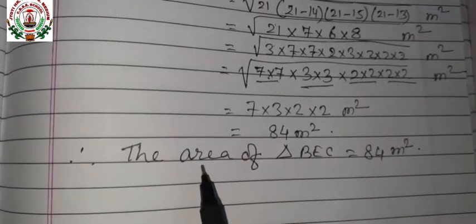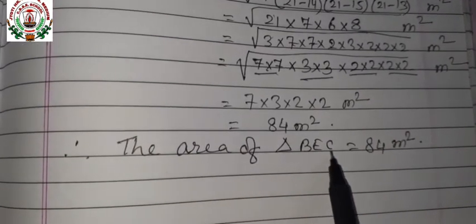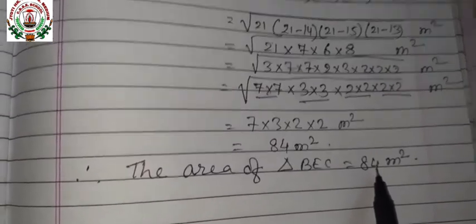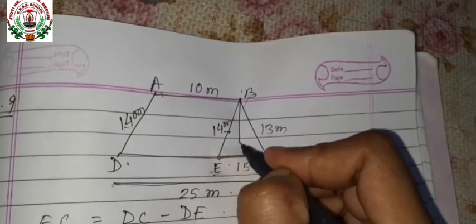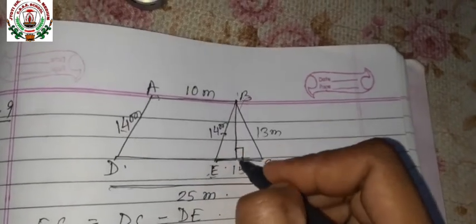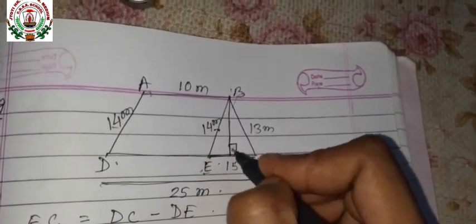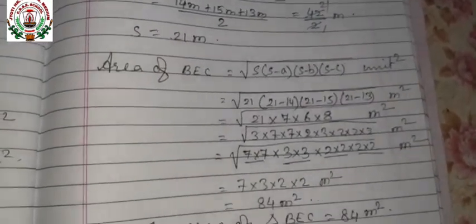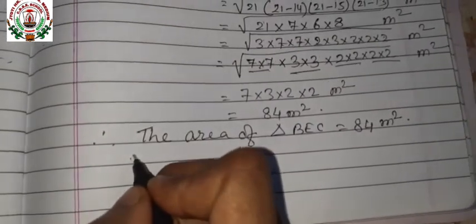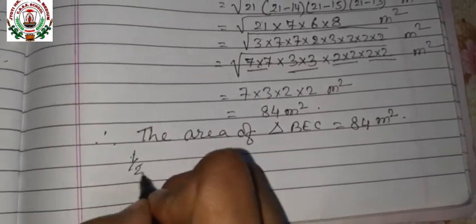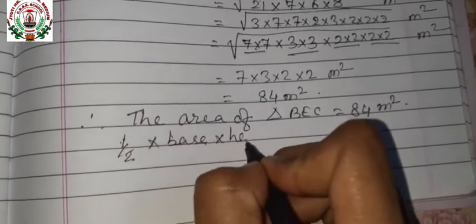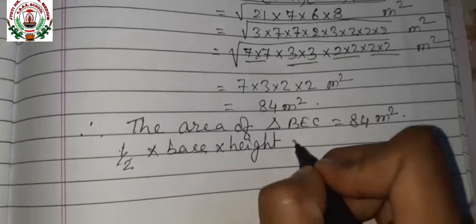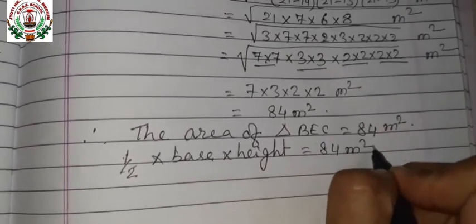Now we got the area of triangle BEC equals to 84 meter square. And when we draw in this figure, now in this triangle we will draw a perpendicular to get the height. So we know the formula of a triangle: area of a triangle equals to half into base into height equals to 84 meter square.